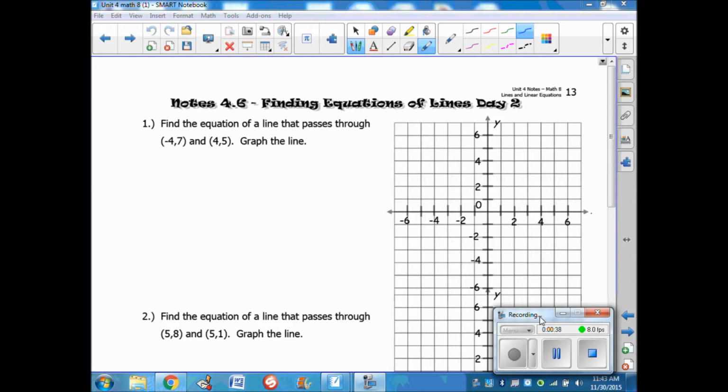So the first problem, it says find the equation of a line that passes through (-4, 7) and (4, 5). And it says graph the line. So if we've got to find the equation and we're given 2 points, we know we have 2 forms that we could use.